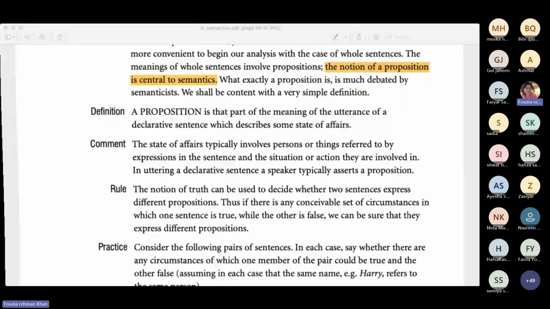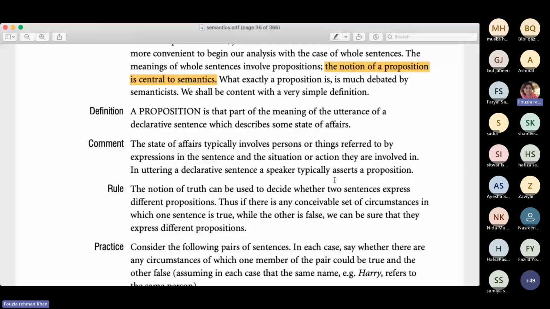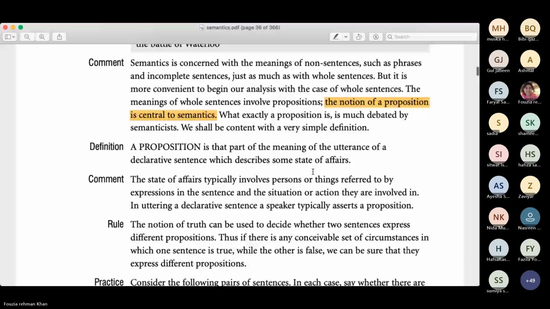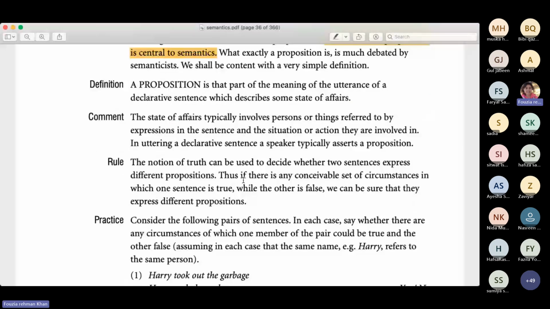So this idea of proposition is clear. Okay, let's very quickly do this. The notion of truth can be used to decide whether two sentences express different propositions. Thus, if there is any conceivable set of circumstances in which one sentence is true while the other is false, we can be sure that they express different propositions. It is almost the same idea expressed by two different sentences, right?